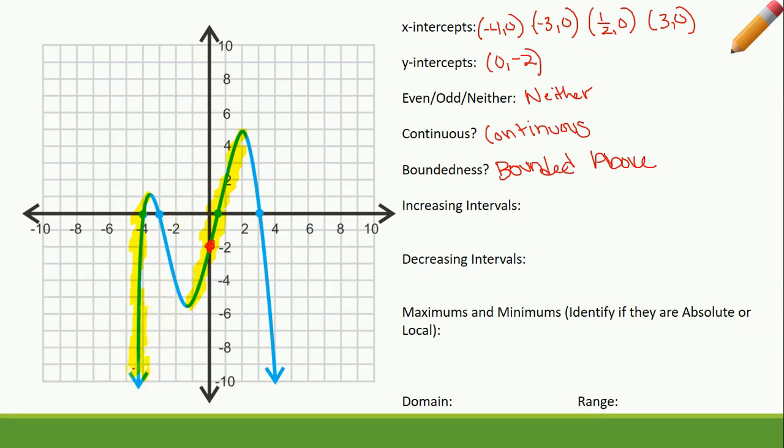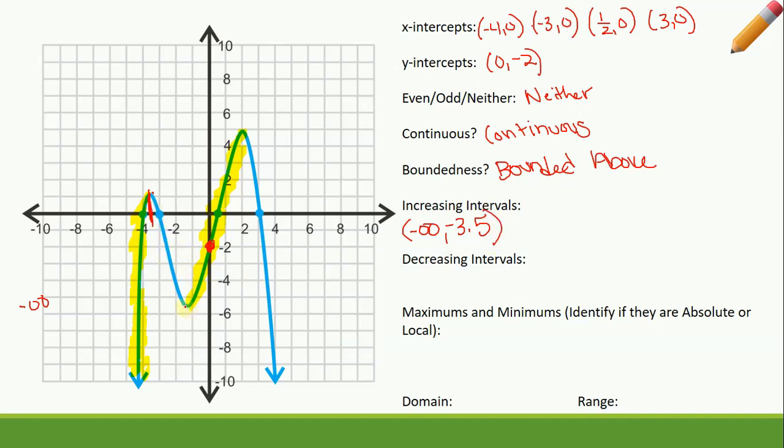Where on your domain are you increasing? So I'm starting at negative infinity, because we're coming from the left, because we're talking our x values. I'm increasing from negative infinity to right here on my domain, which would be, let's say, negative 3.5. How does that sound? There we go.